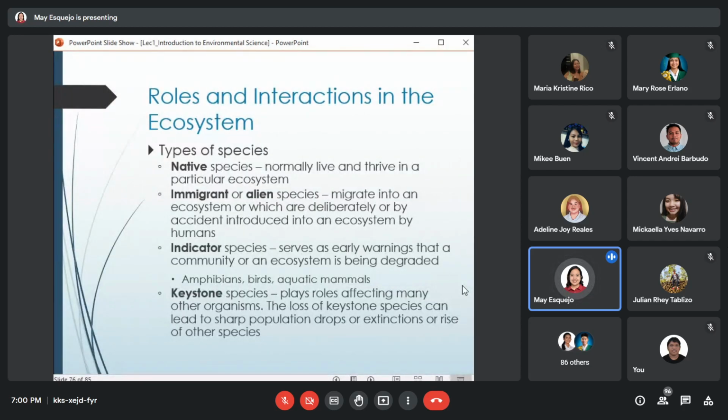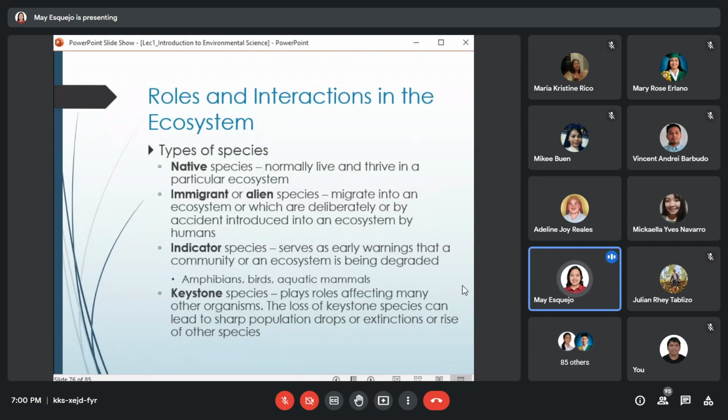Okay, so in an ecosystem, we have the organisms, diba? Each organism or the species that are present, they are in categories. They are different from one another, or they have roles to do. So, number one, we have the native species. The name itself, of course, you know that they are native.